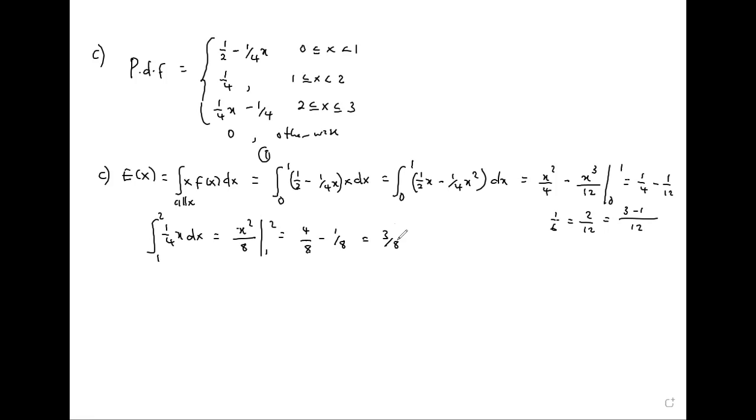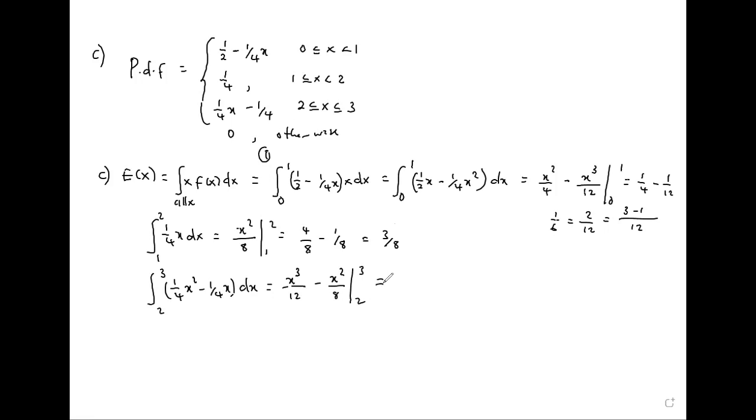The third piece, from 2 to 3, you are again multiplying x there. So it will be (1/4 x minus 1/4) x dx, which is x cubed over 12 minus x squared over 8 from 2 to 3.